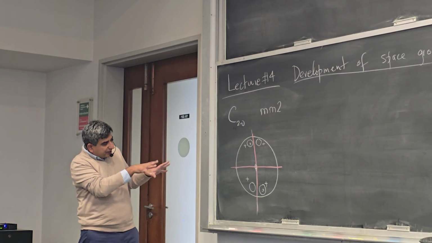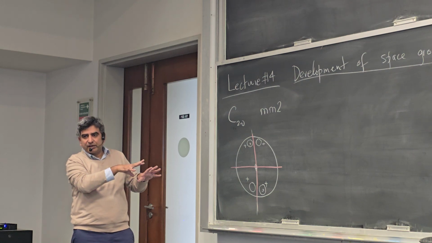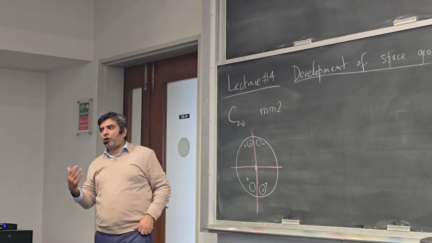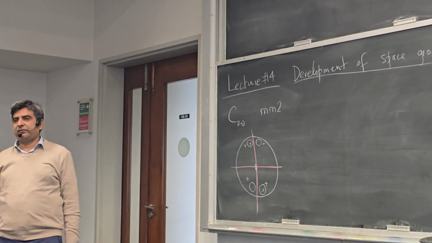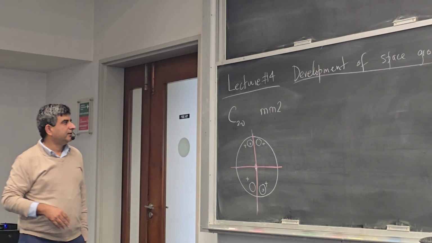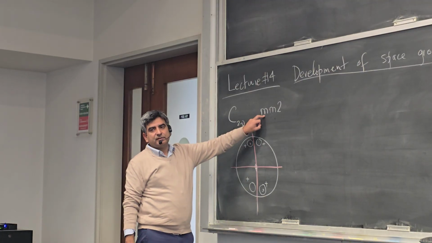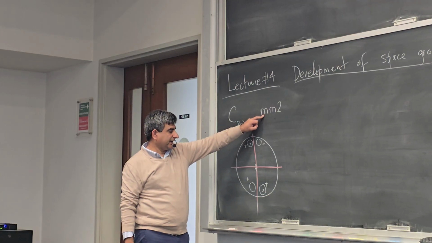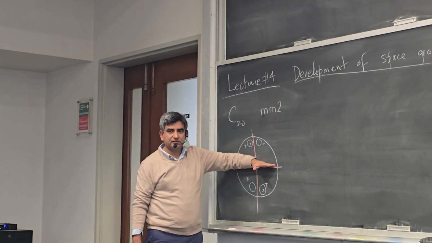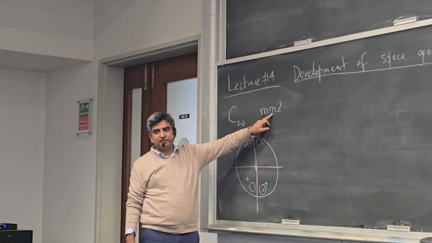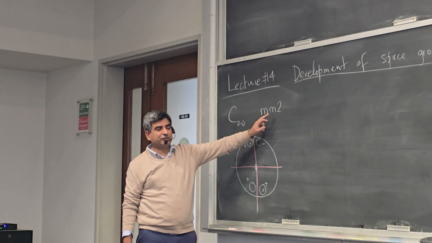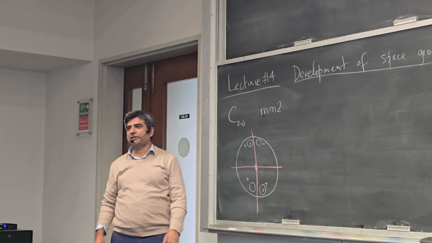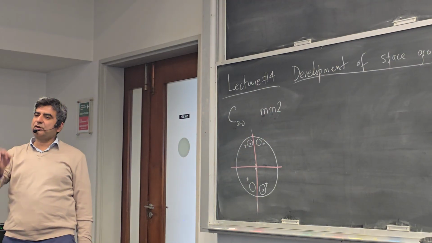And if you look at the nomenclature here, MM2, for orthorhombic, all 3 axes are different. A, B, C are different. So the first letter tells you that there is a mirror plane perpendicular to the x-axis. The second index tells you that there is a mirror plane perpendicular to the y-axis. And the third index tells you that there is a two-fold axis of rotation along the z-axis.